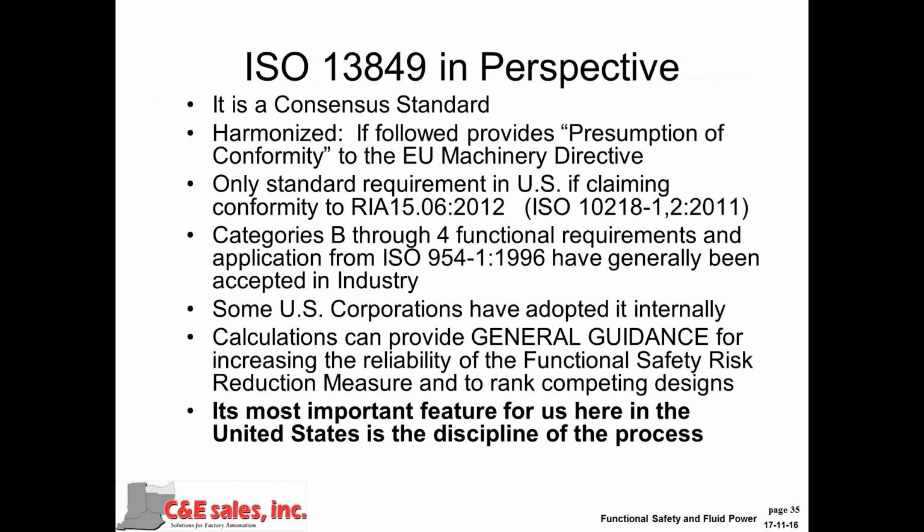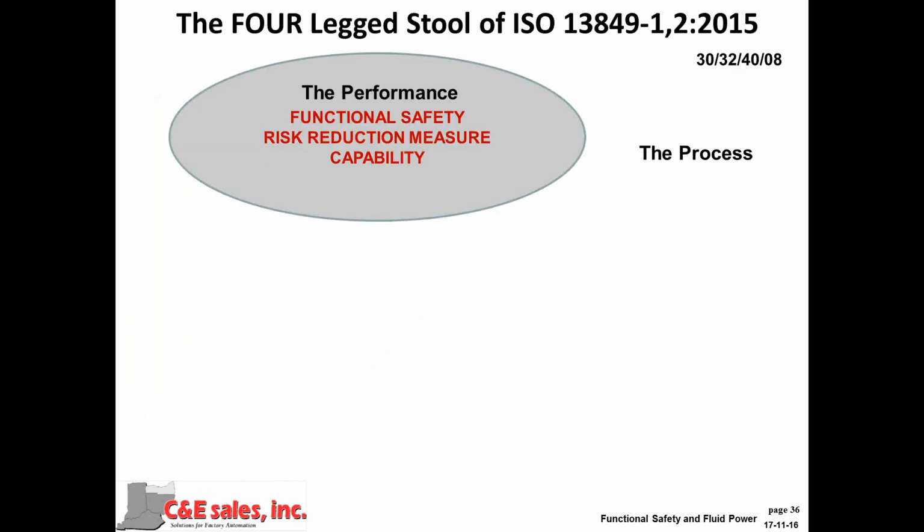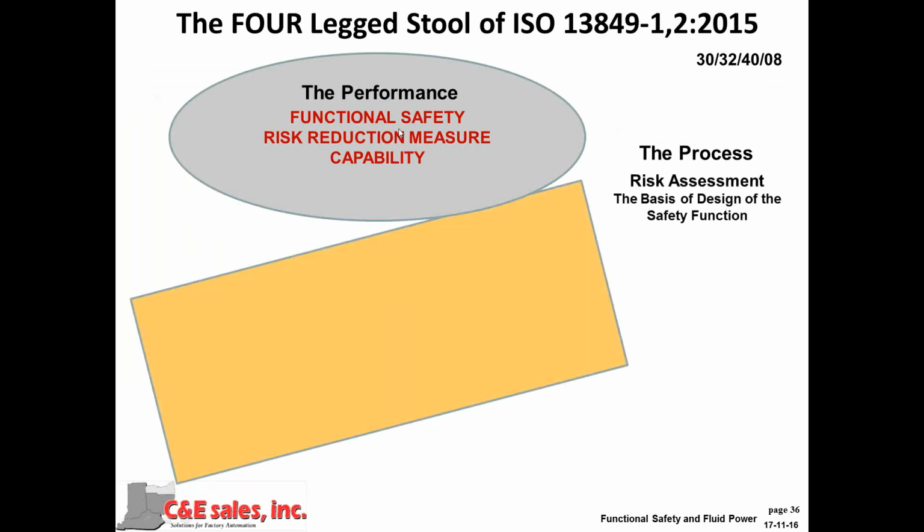The most important feature of 13849 is its discipline if I follow it. A little explanation of how it works. This is the idea of the functional safety. I'm going to talk about the process, how it works. First thing I need is the risk assessment. There are 4 supporting stool legs.